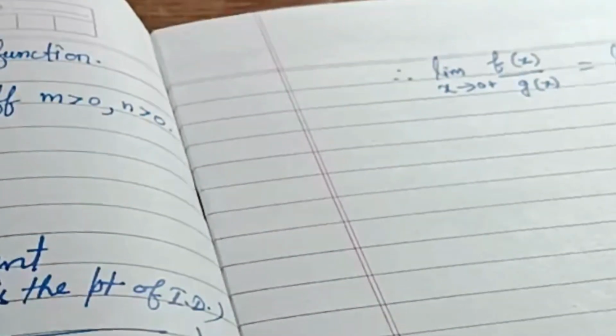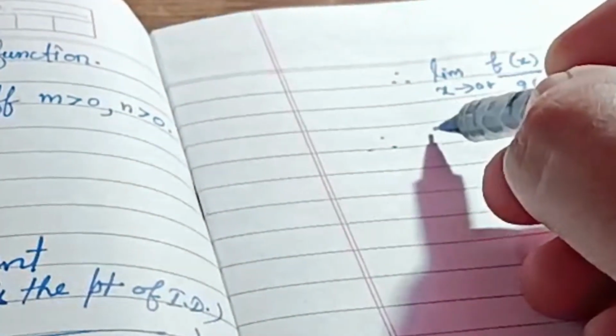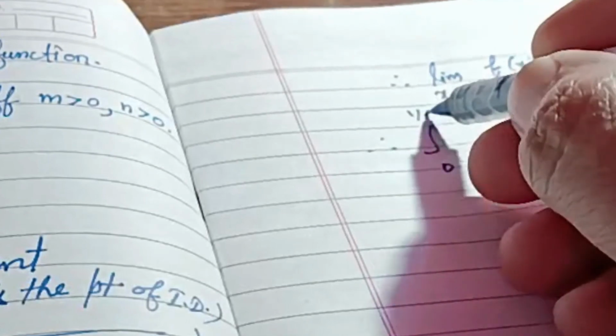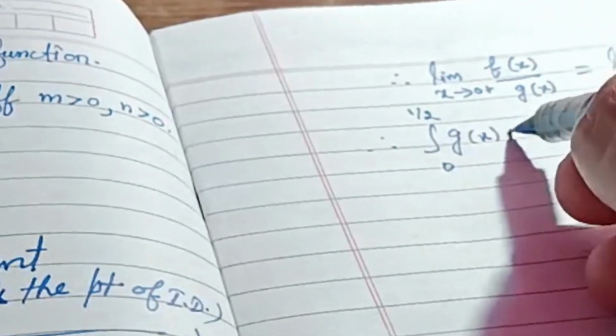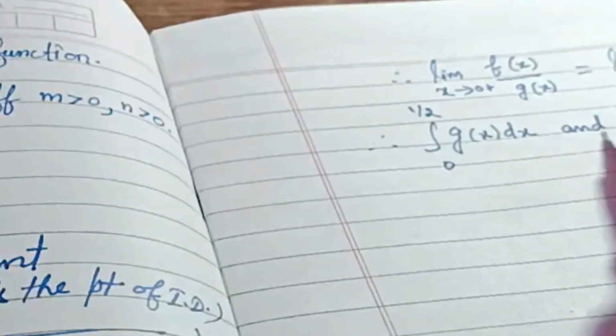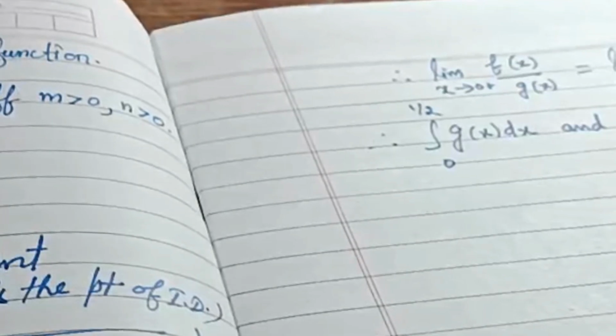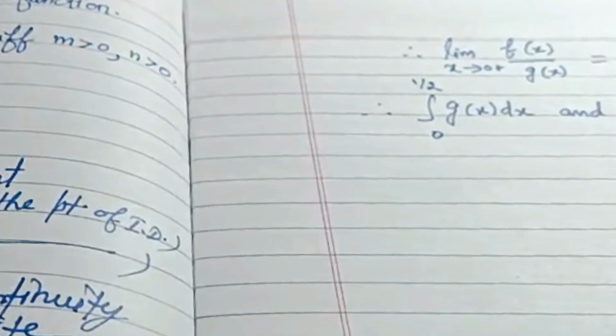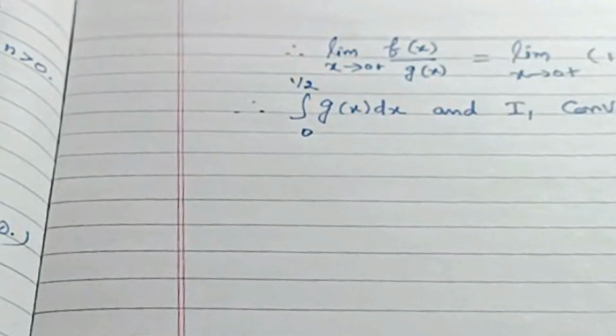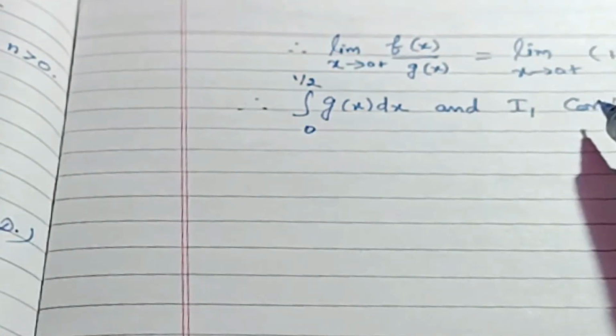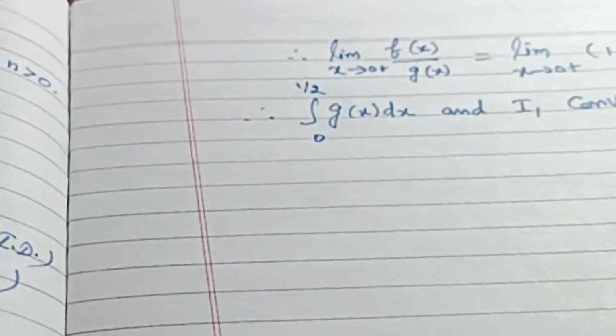So from here, the integral 0 to 1 by 2 of g(x) dx and this integral I1 converge or diverge together. One more way you can write it is that they behave alike.